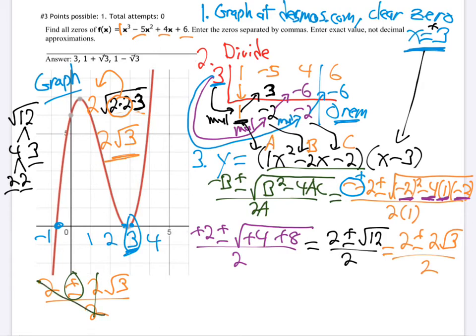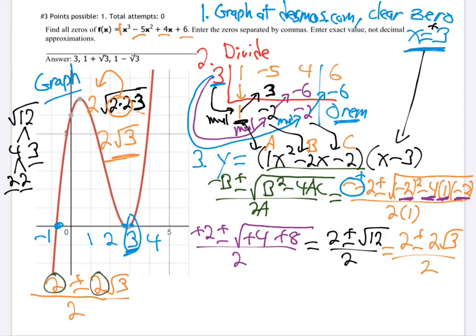So basically, here's the deal. If all 3 of those outside the root numbers are divisible by 2, or whatever number, you can do it. They have to all 3 be divisible by the same number, and they are in this case.